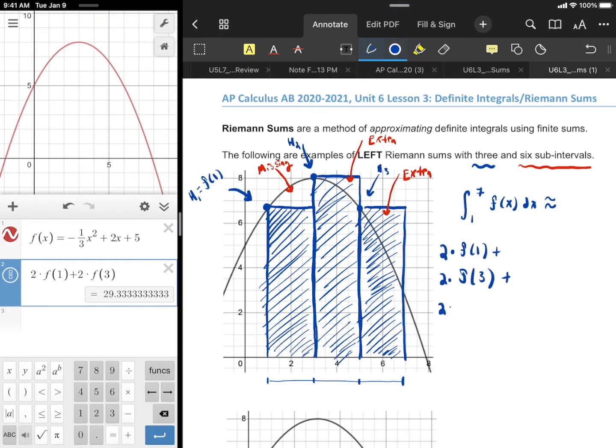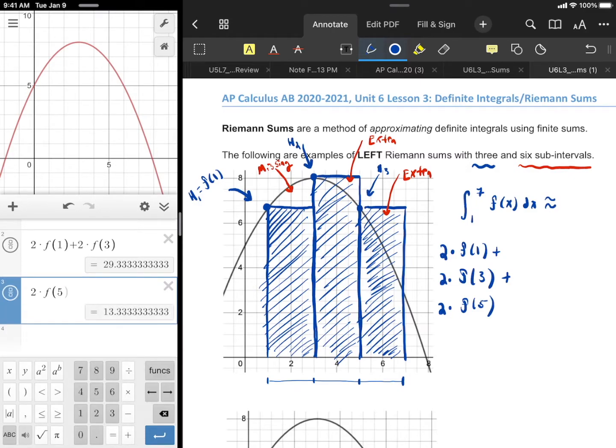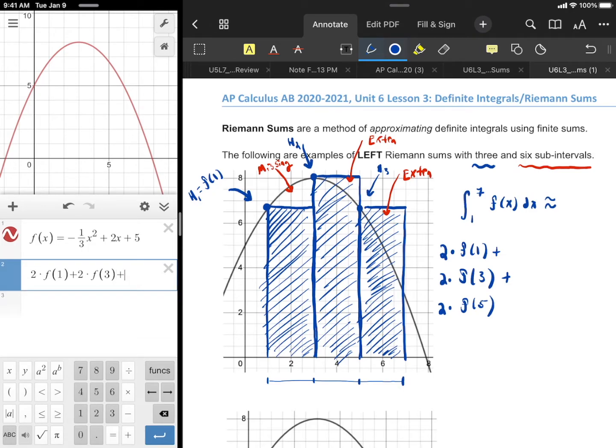And I'm going to add that to 2 times f of 5. I wanted that all in one. So plus 2 times f of 5. If I do this, I've found the area of all 3 rectangles. And lo and behold, this is 42 2/3, which is not a terrible approximation of the actual area that we know, which is 40.